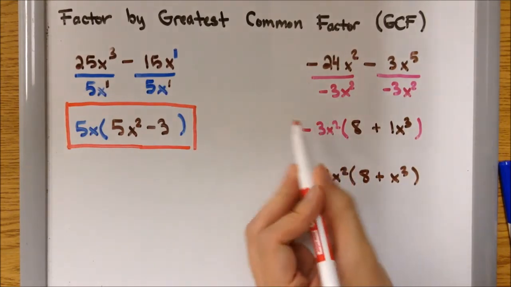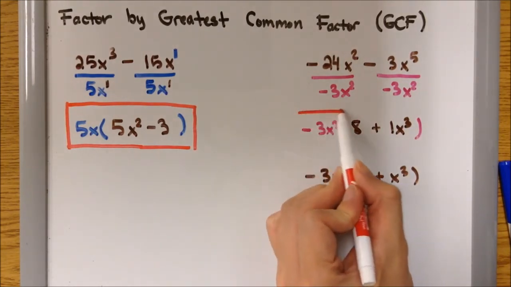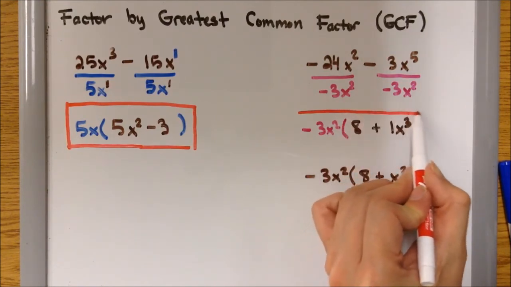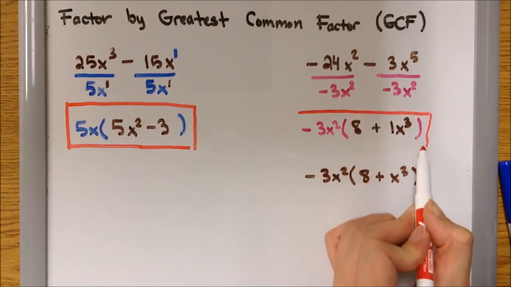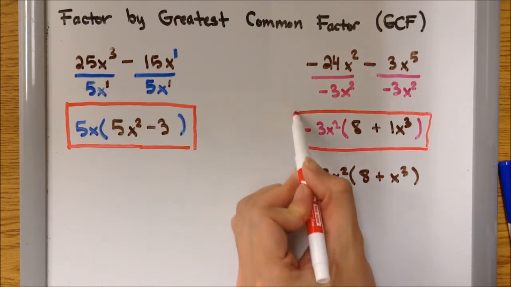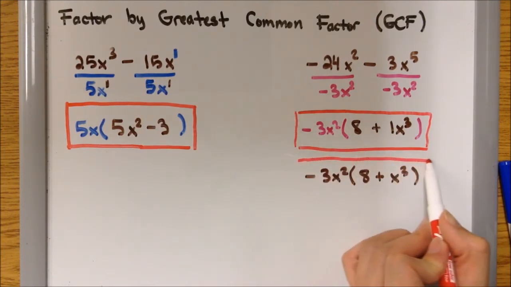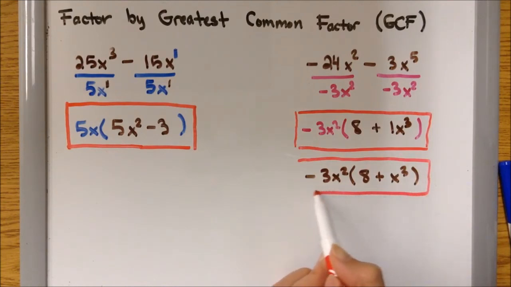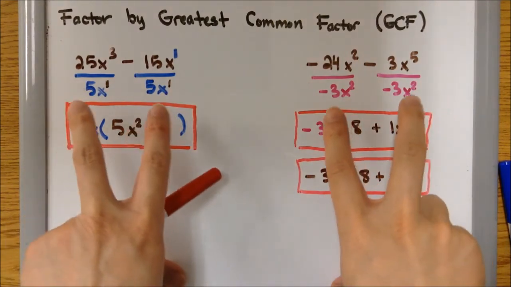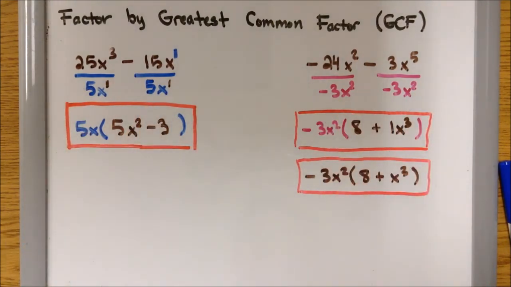You can write it as negative 3x squared times 8 plus 1x to the 3rd, or just simply negative 3x squared times 8 plus x to the 3rd. Either answer works.